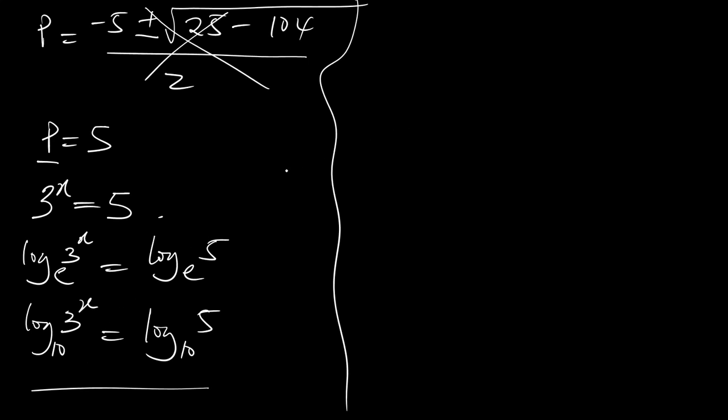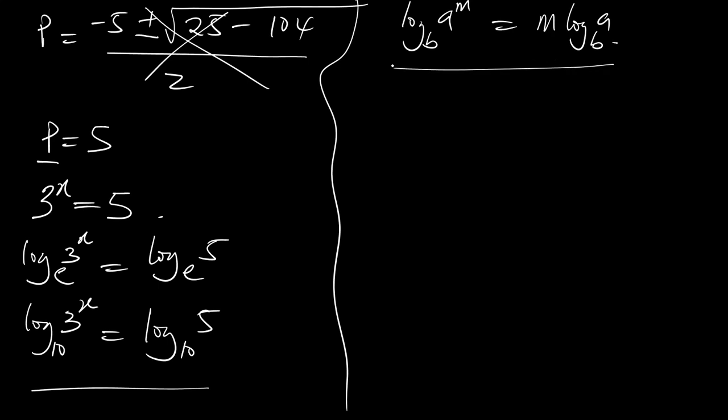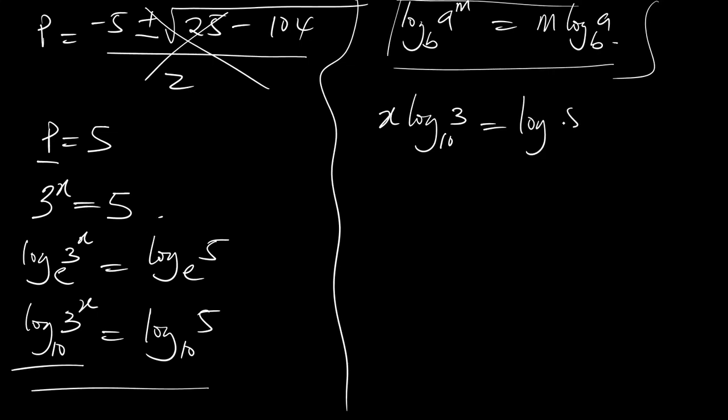According to the law of logarithm, log a raised to power m to base b is equal to m log a base b. So we are going to apply this rule here. So you have x log 3 base 10 is equal to log 5 base 10.